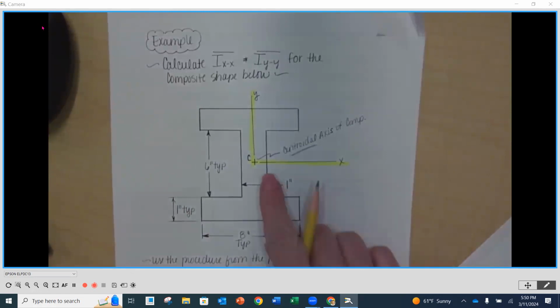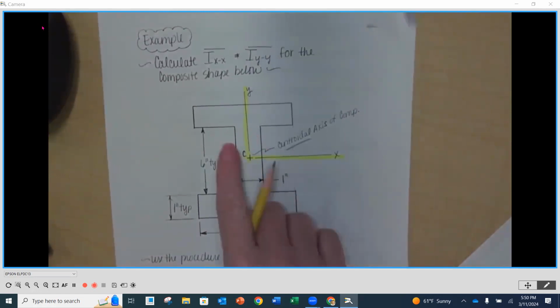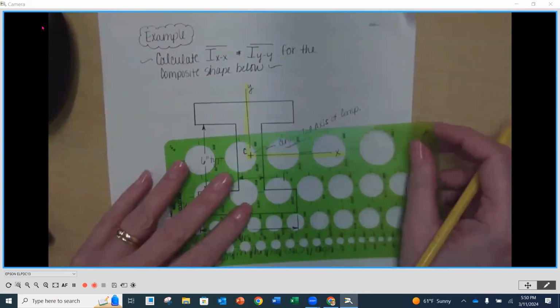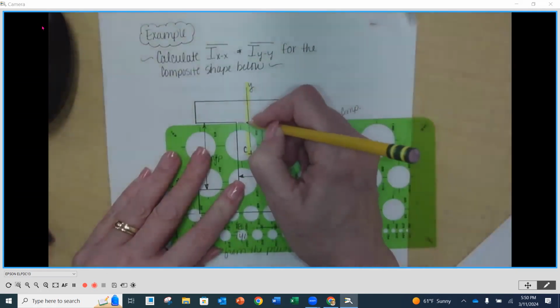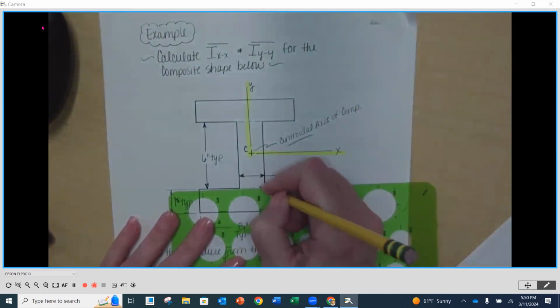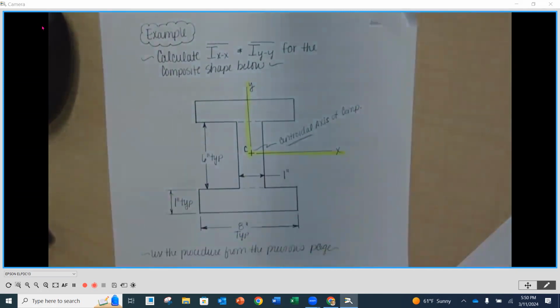You'll notice here that we've got a vertical section and two horizontal sections on either side. The procedure says break it into its simplest shapes. So I'm going to put a dotted line across and across, and you're going to notice that we'll have three rectangular shapes.